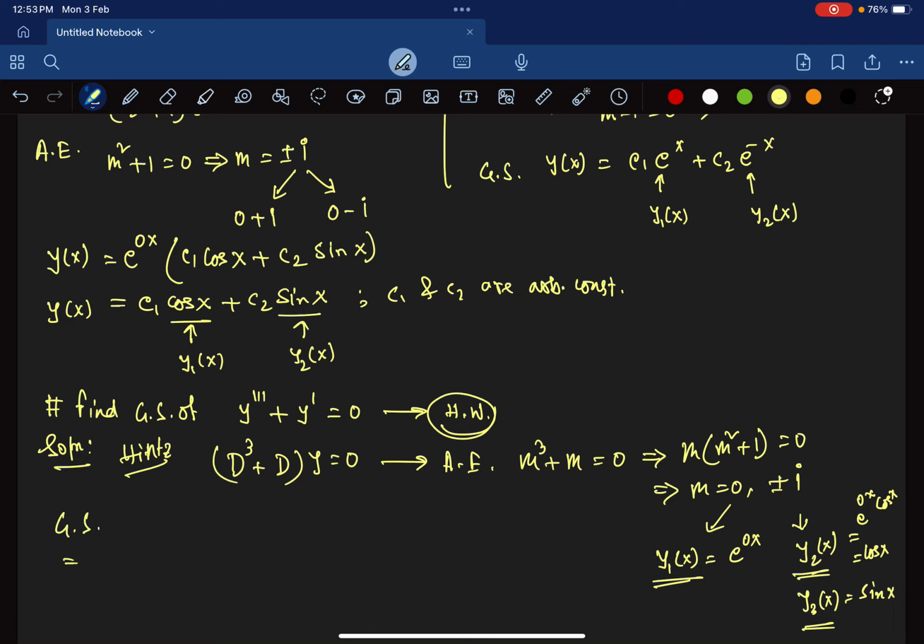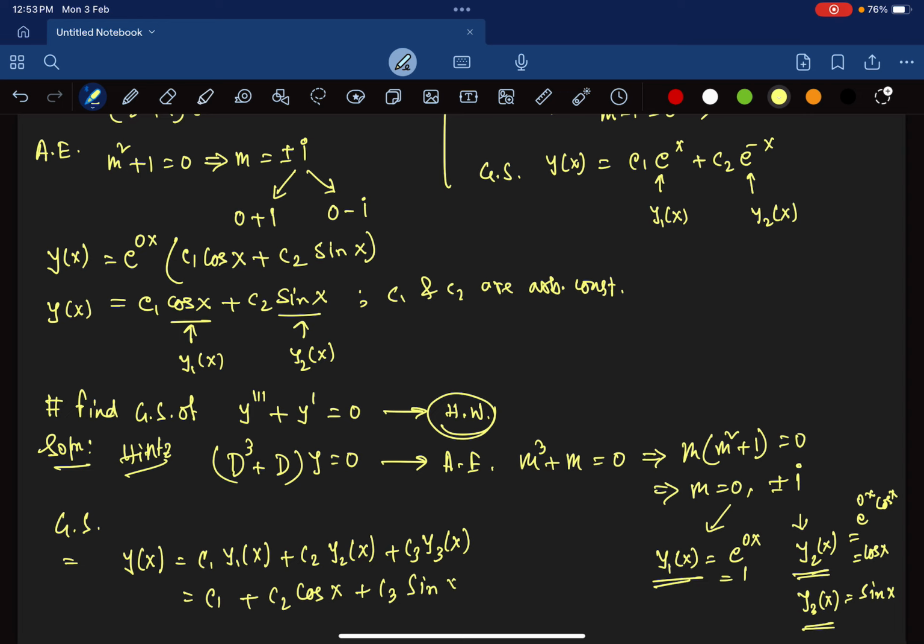With e^(0x) meaning 1, y(x) is c1 y1(x) + c2 y2(x) + c3 y3(x), and ultimately you will have y(x) = c1 + c2 cos x + c3 sin x.